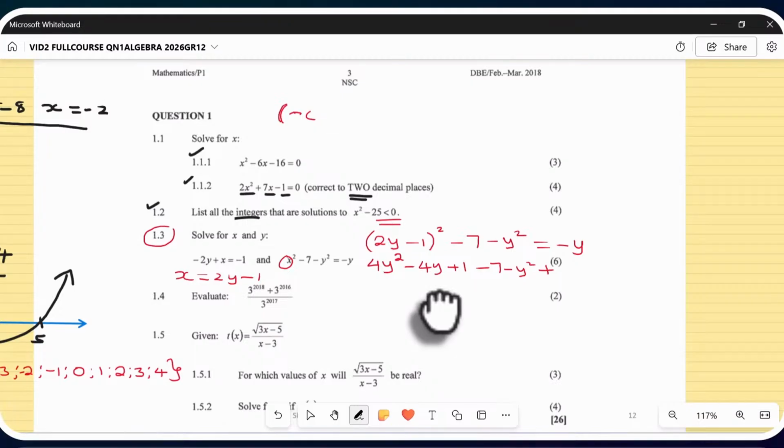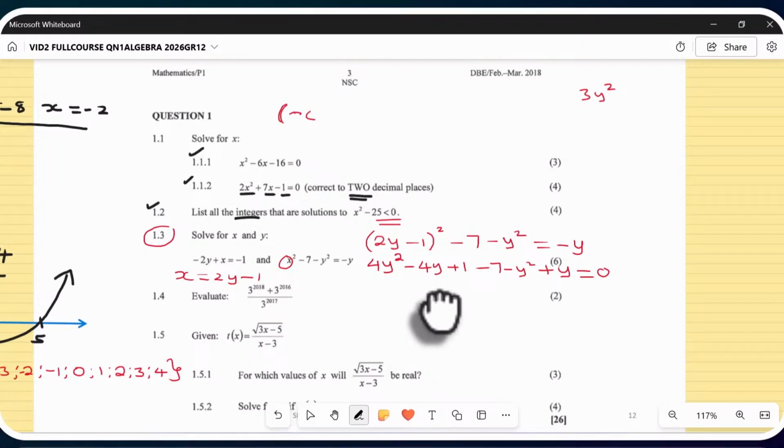Now here divide by 3 everywhere. We're going to get y squared minus y minus 2 equals 0. What are the factors here?